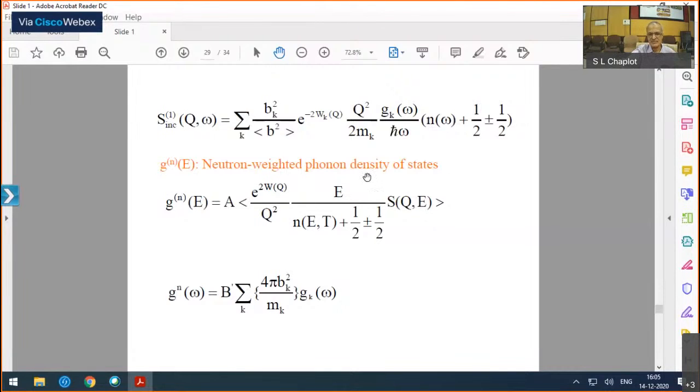But one has to be careful in interpreting it. I would prefer to calculate theoretically and then compare at the level of S(Q, omega), keeping the factor inside the sum rather than taking out an average value outside. But it depends on what is possible. So that's one important thing that is done.